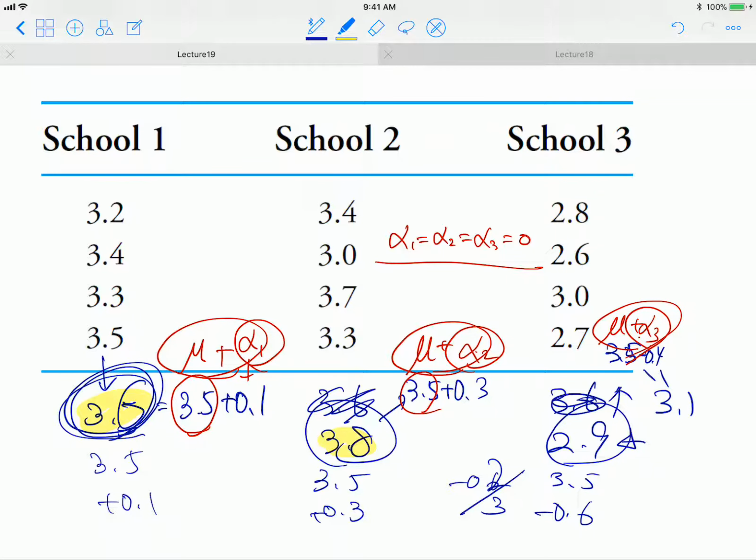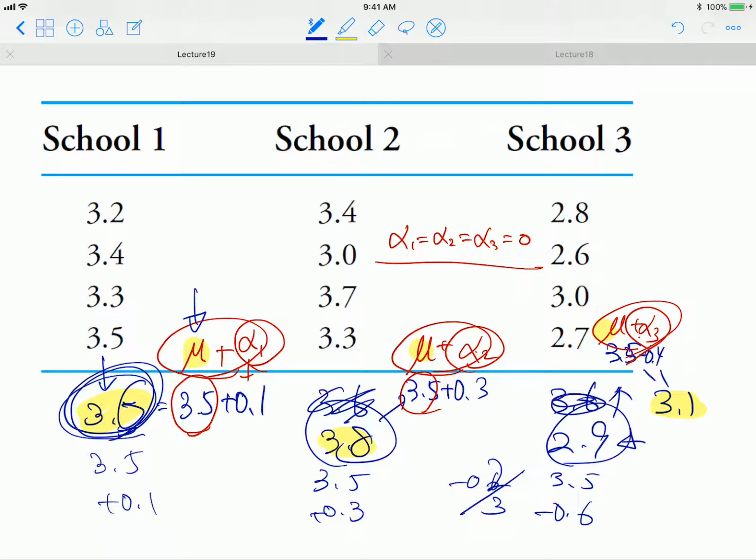So these were our original values, and then we just re-represented them in a different manner by introducing this mu and the differences with respect to mu as alpha 1, alpha 2, alpha 3. And how did we determine this mu? It was determined as the global average of the true values 3.6, 3.8, and 3.1, right?